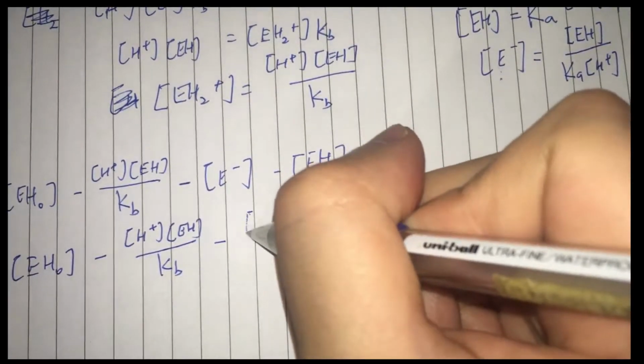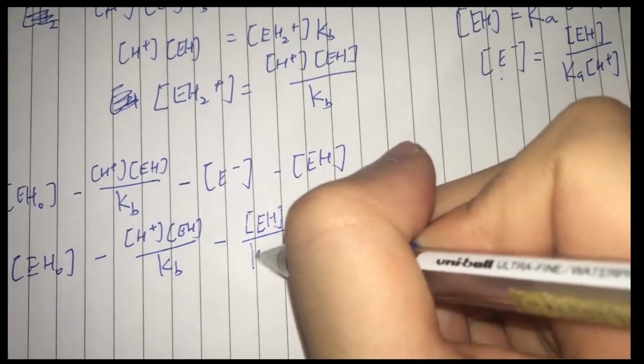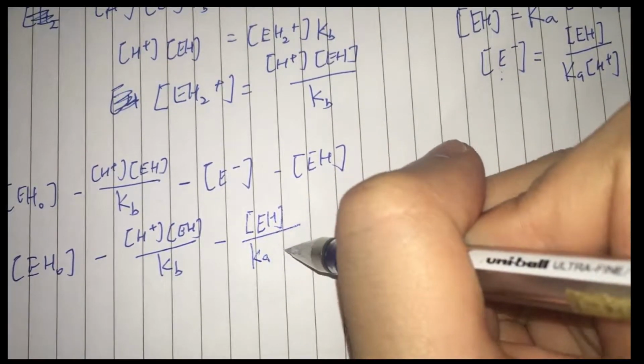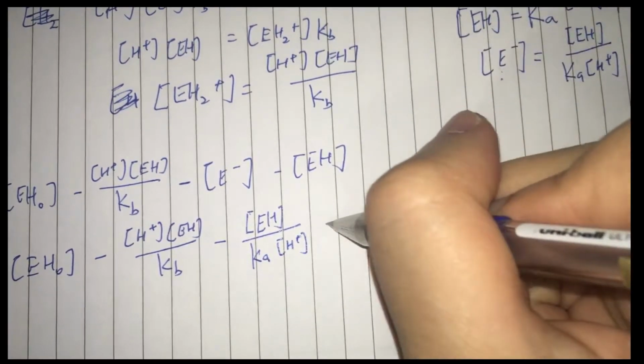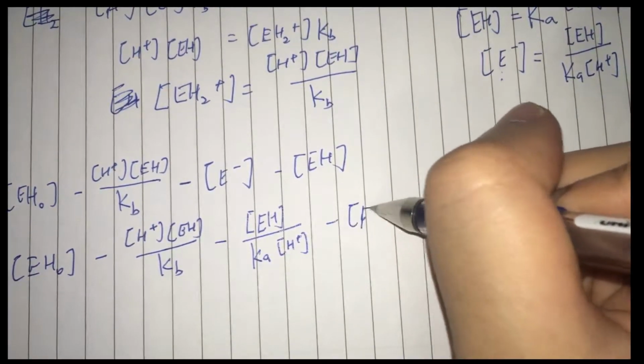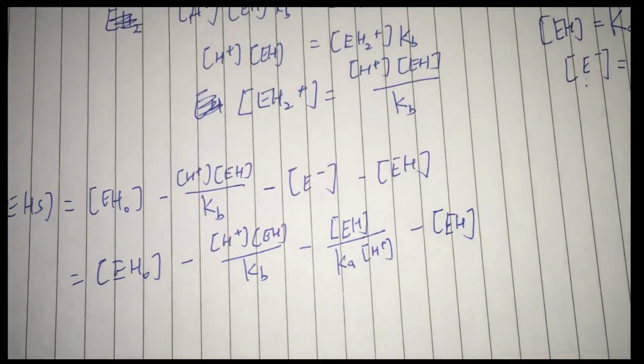So we have EH over Ka, and you have H plus here, minus EH. Okay, not too bad.